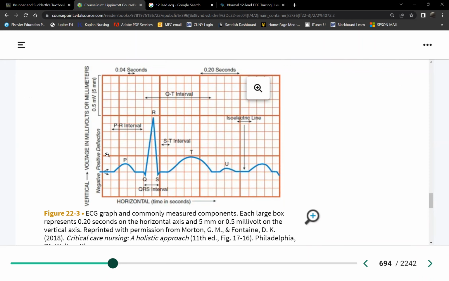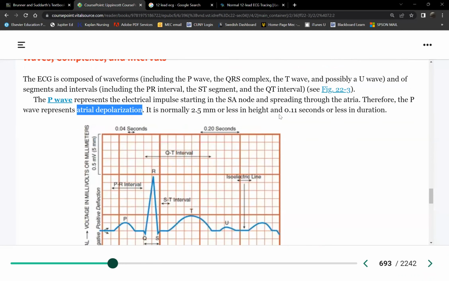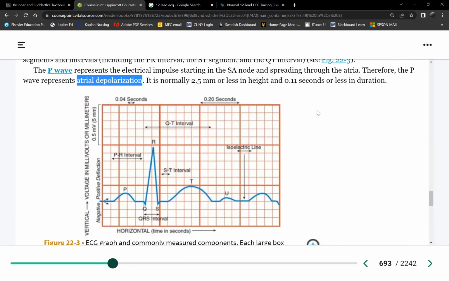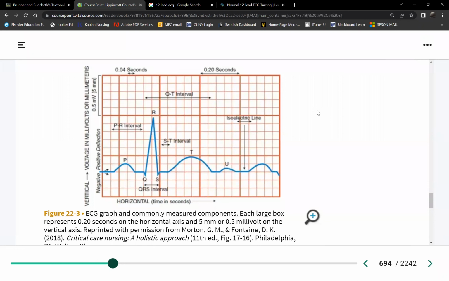Because what two things am I sure of when I see a P wave? I know the atria are contracting and I know where the impulse came from: the SA node. So therefore the P wave, is it essential for any normal rhythm? Yes, I better see a P wave there.